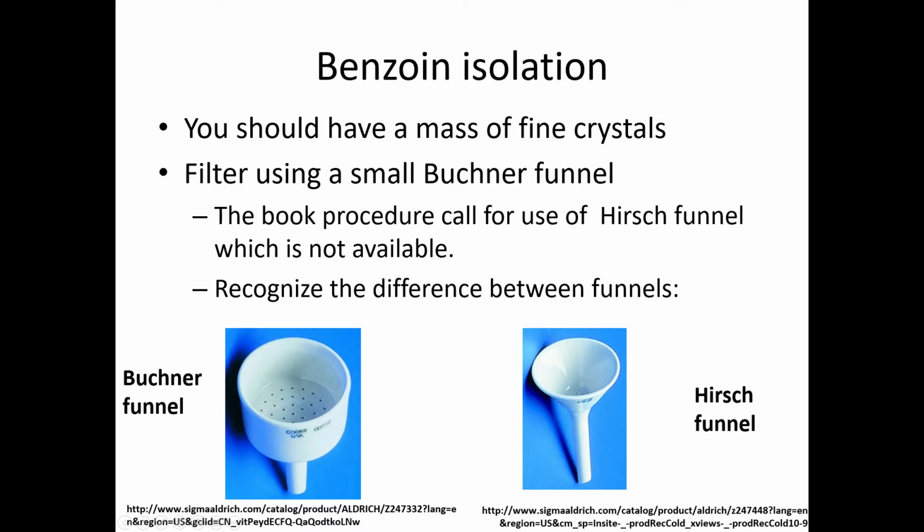While a Buchner funnel has a flat bottom, you can see that the Hirsch funnel has everything going right towards the middle of the funnel, and in the middle there are actually more of these little pores. It's hard to see. But for most cases, the Buchner funnel is more than adequate.